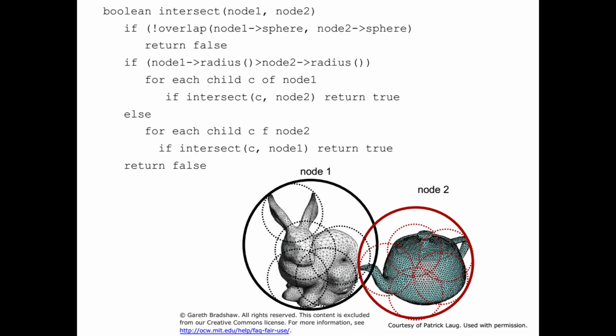That is, suppose we have one object which is the bunny and another object which is the teapot, and we have their separate bounding spheres. The collision detection would start from the large bounding spheres, which would find that they are colliding because there is some overlapping between them.